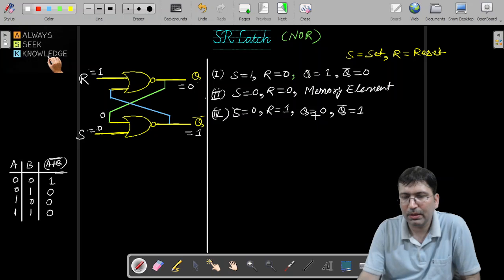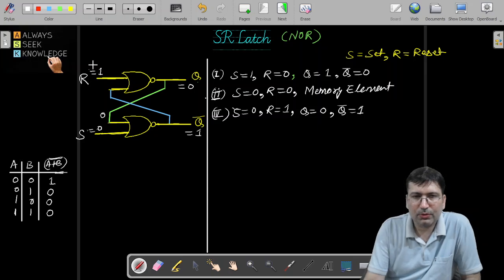There's not a problem. Both are maintaining the complement. So that's fine. Now in this case also, if you release these S and R and you make both these inputs 0, let's analyze whether it will be able to preserve the 0 1 state or not. So let me remove this, and I'm making this R as 0. So when both are 0, I start analyzing the circuit.